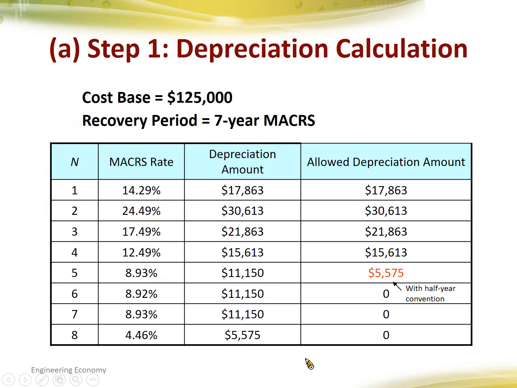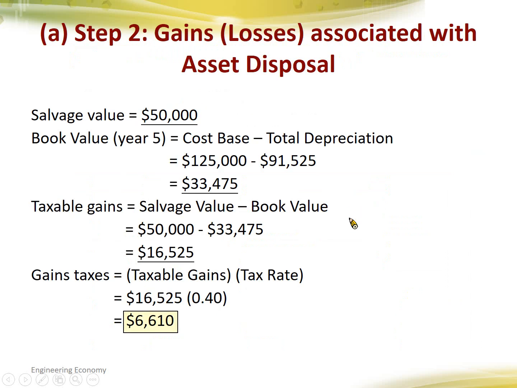That is the sum of all these depreciation amounts which have already been allocated and used for lowering the income tax. So you sum them up, it's 91,525. And so cost basis subtracting depreciation, we get the book value at the end of the 5th year. This is the book value.